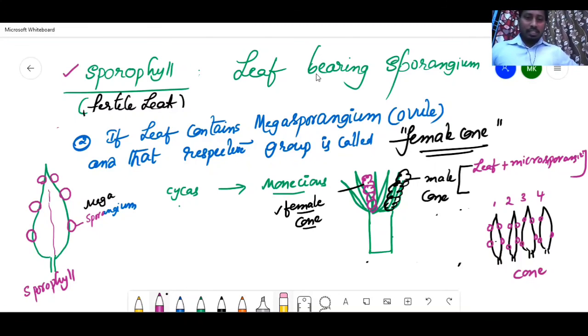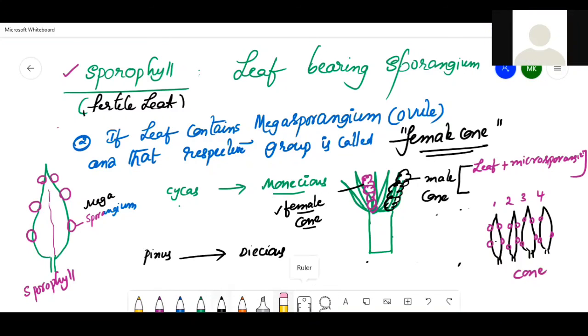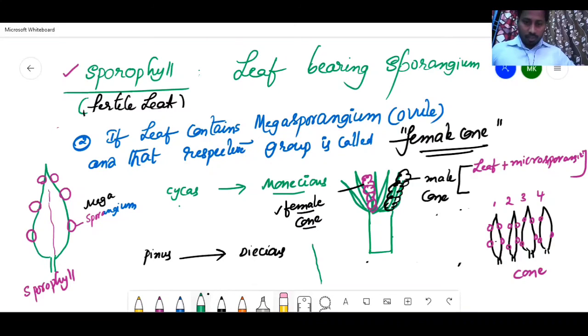Whereas dioecious means Pinus plant is dioecious. Dioecious means, remember, one plant body will have female cone, another plant body will have male cone. For example, this is a Pinus. Very tall plant, right?